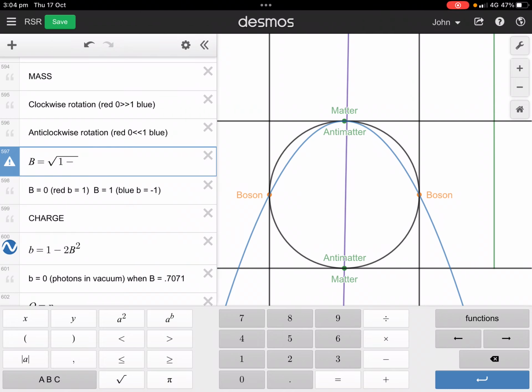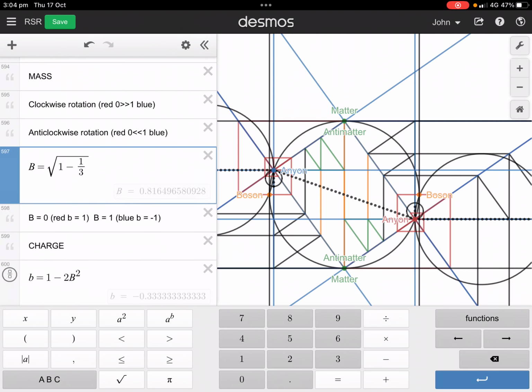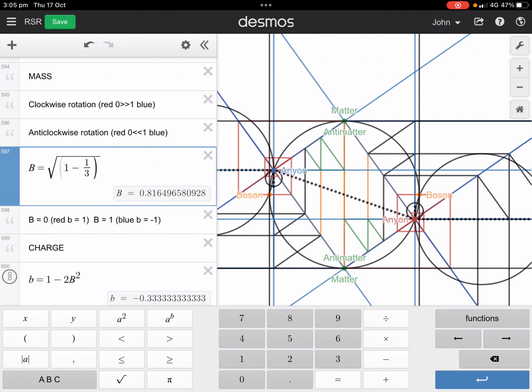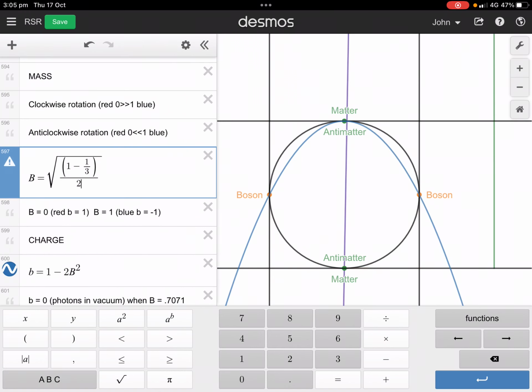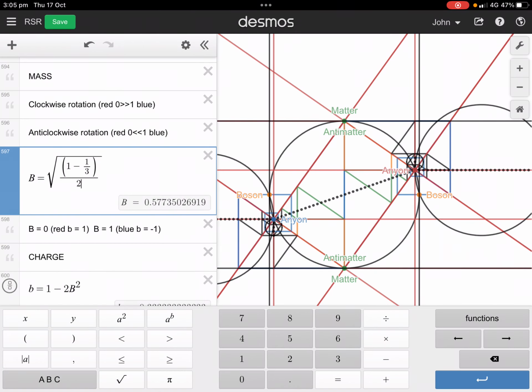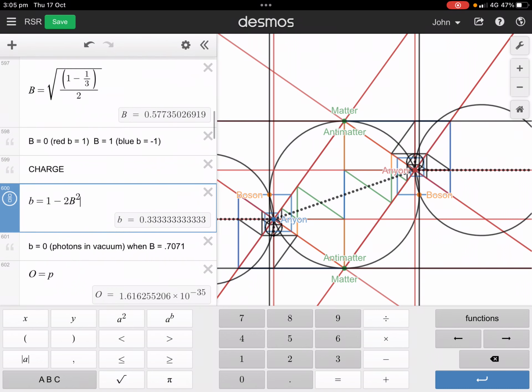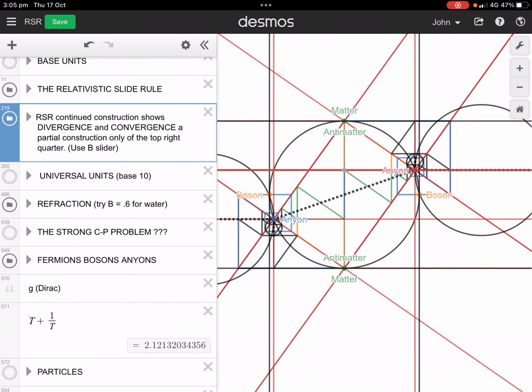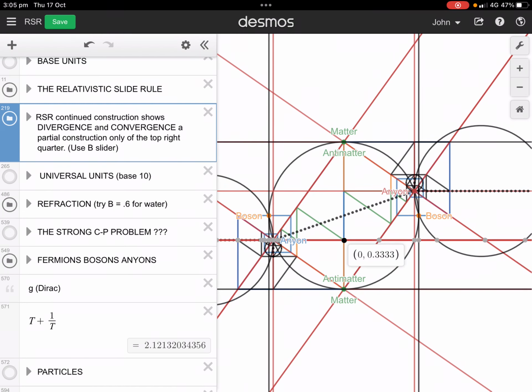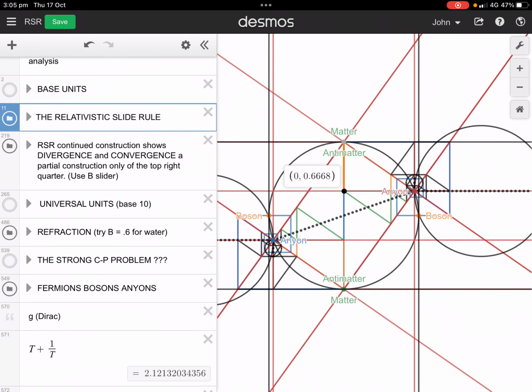To do that, I'm going to put in little b a third, and that's the formula which gives me my big B. So you look at little b, see it's a third, so the charge is a third. So you look over here, that's 2/3, that's a third. So this blue anyon's got a charge of 1/3, that red one's got a charge of 2/3.